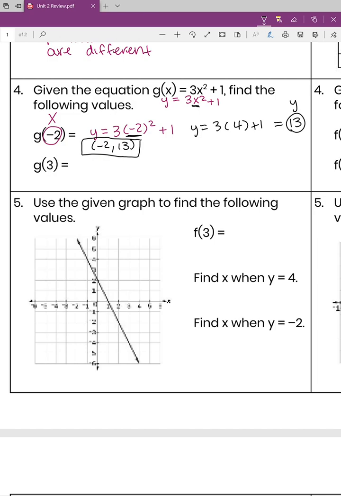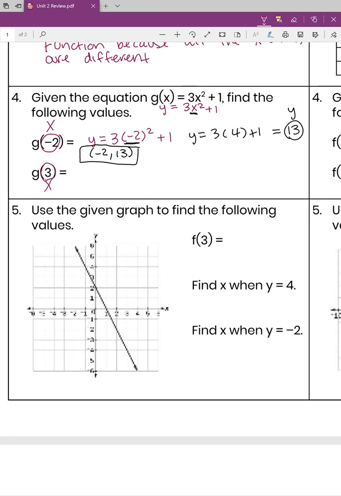Okay, and we're going to do the same thing, but with 3. Remember, it's inside the parentheses, so this is my x value. So I have y is equal to 3 parentheses 3 squared plus 1. This x over here is now a 3. If I simplify this, 3 squared is the same as 3 times 3, which is 9.